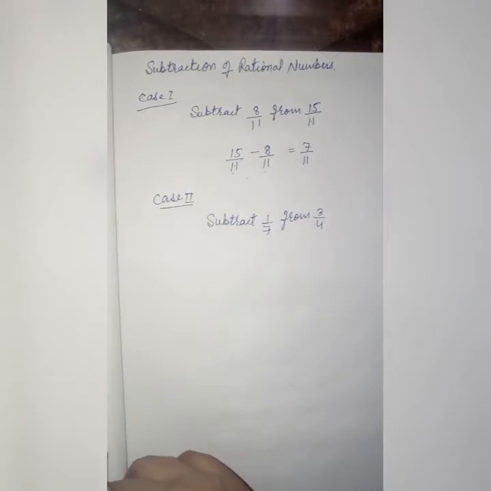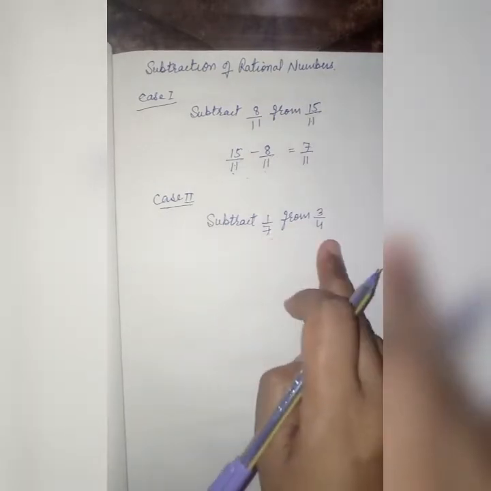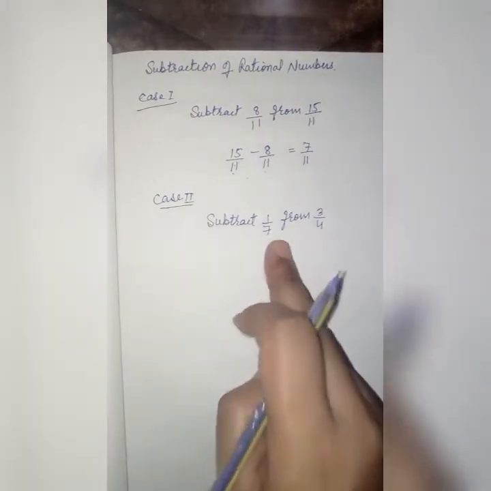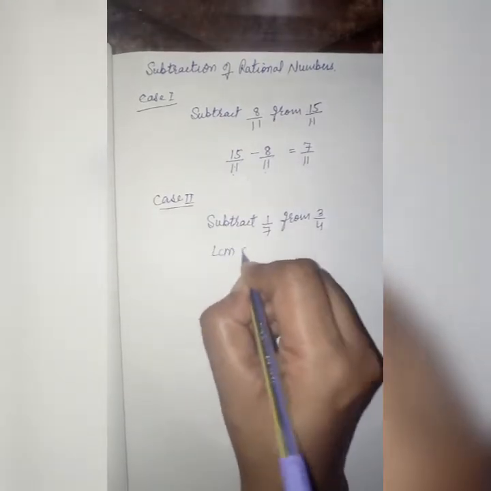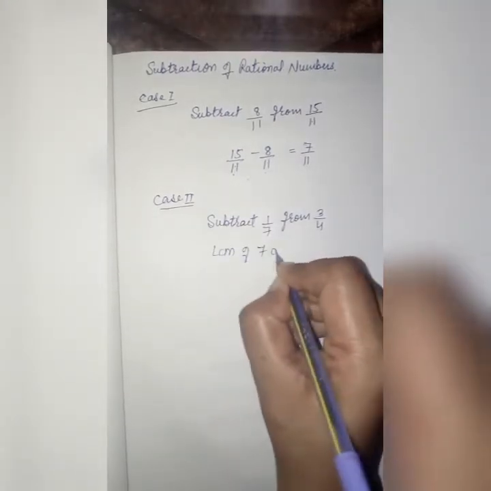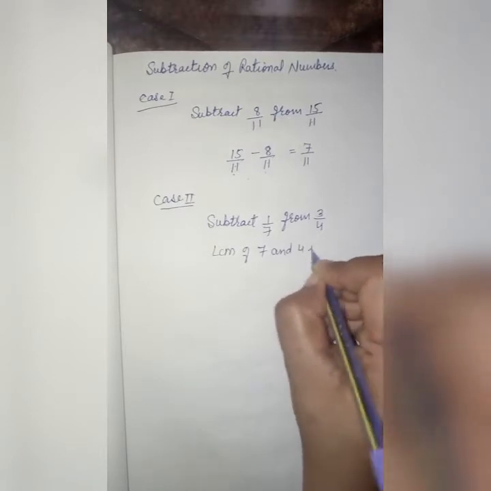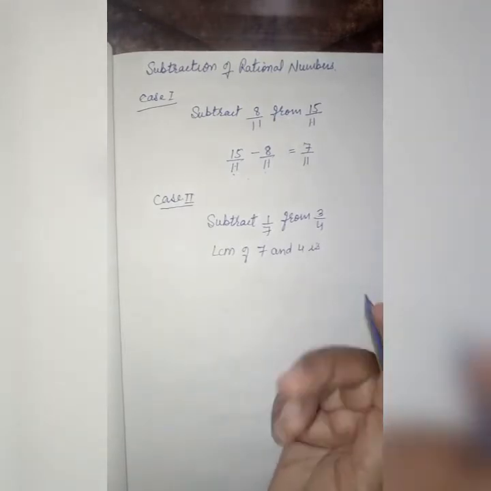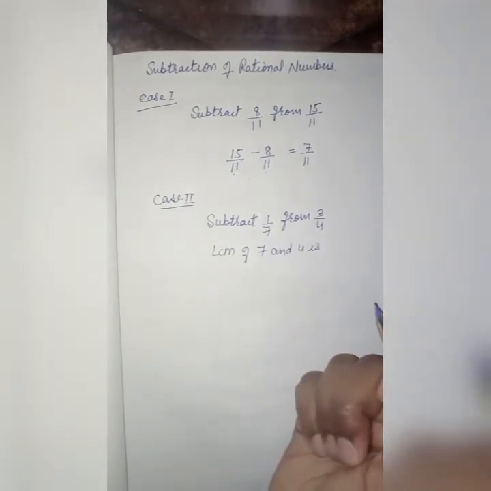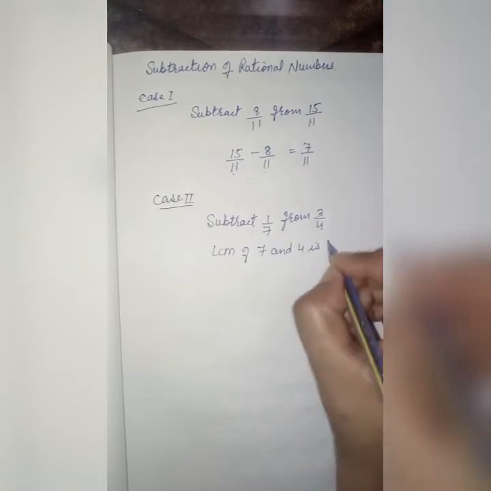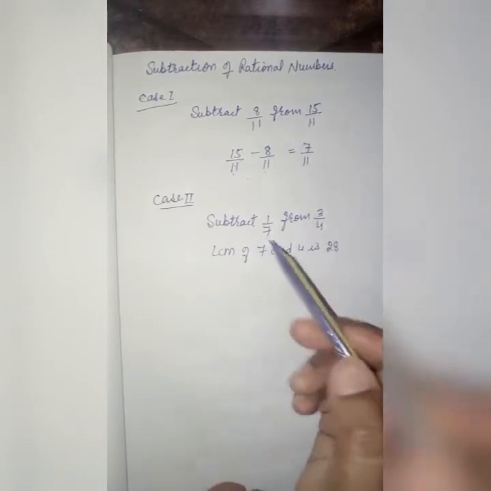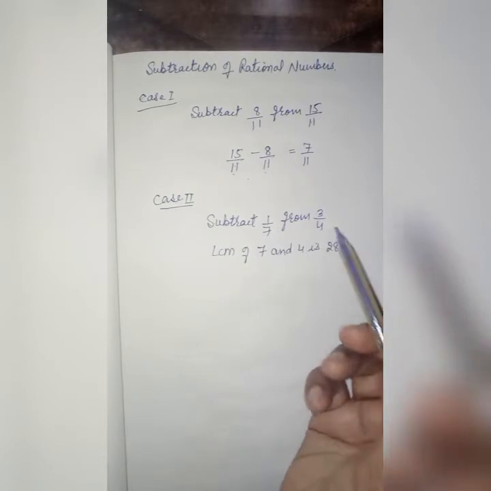So you can see that denominators are different. So first of all you will find the LCM of denominators. So LCM of 7 and 4 is, what is the LCM? 28. So now you will make the denominator same.